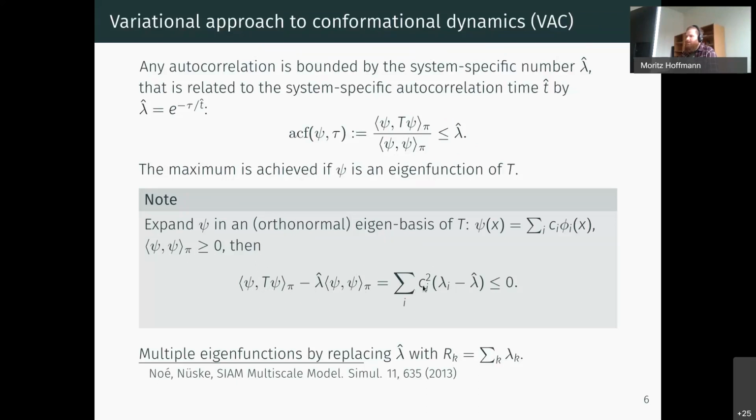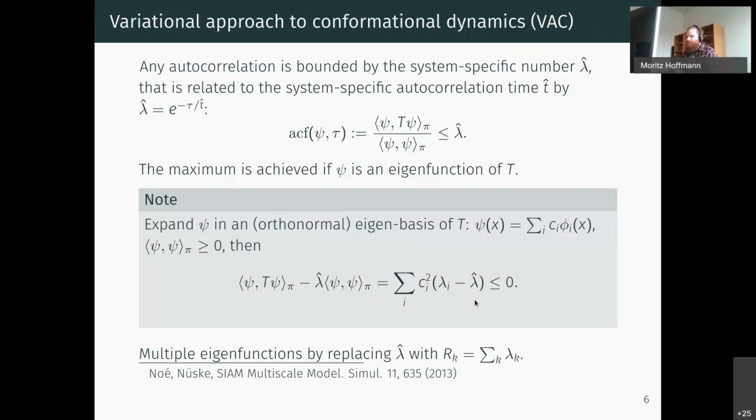So we have the sum over all components, and then the coefficient squared times the difference between lambda_i and lambda hat. And we can already see if all but one c_i is 0, which would be the case if it is one eigenfunction, then we are already having the eigenfunction that corresponds to the slowest process. Yeah, so this is the max. Then this becomes 0. Yeah, if we have the true operator here.